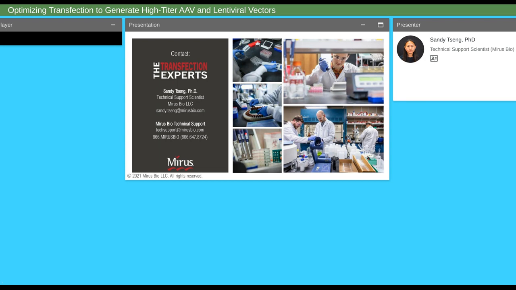The way that you can count the number of cells that were infected, what we do is a flow-based or flow cytometry-based assay. So if there's a GFP reporter gene packaged in your AAV, for instance, or lentivirus, you can count how many of those cells are GFP positive using flow cytometry, and from there you can relate that to the number of viral particles in your sample that are functional.